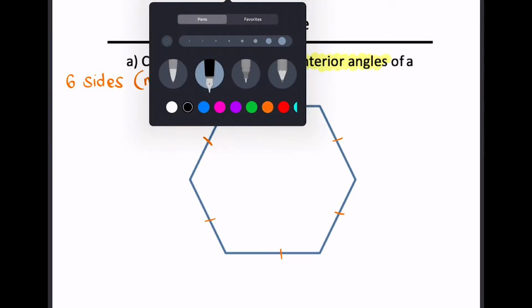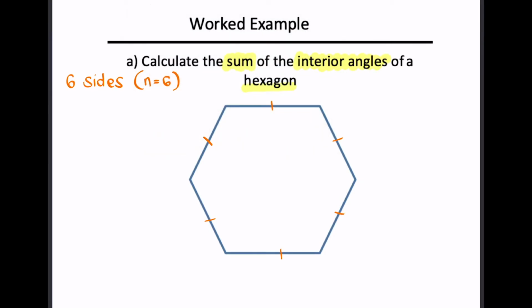So I'm able to use the formula that we just jotted down in order to calculate the sum of the interior angles. So the sum is equal to n minus 2 times 180 degrees. Alright, so n is 6, so I have 6 minus 2 times 180 degrees.